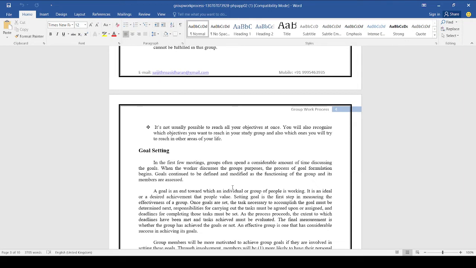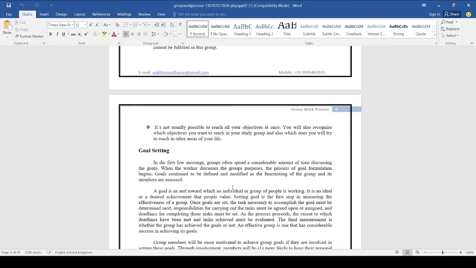And next is goal setting. When the group work is started, especially in the first few meetings, groups will discuss the goal, and here the group worker discusses the purposes of the group and the process of goal formulation.